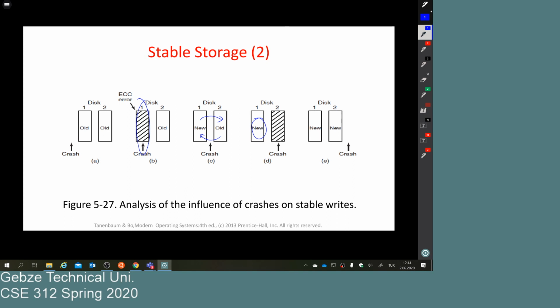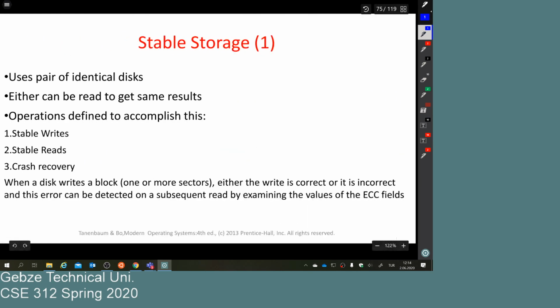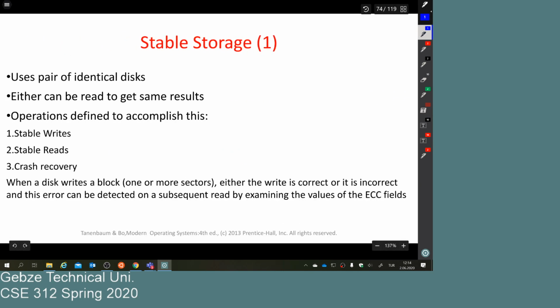That's true, your writes will be slower, but your storage will be much more stable than the alternatives. So there are stable writes, stable reads, and crash recovery. For the reads, there is no problem. Reads are as fast as before because you just read from the first disk. For the writes, you need to write it 2 times, so this is a little bit expensive.